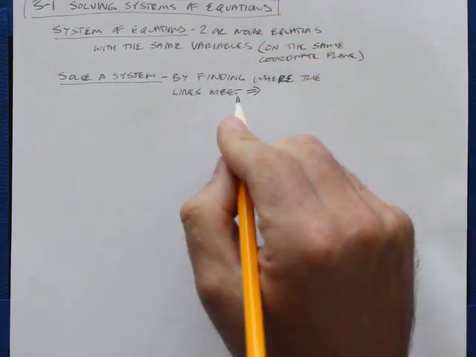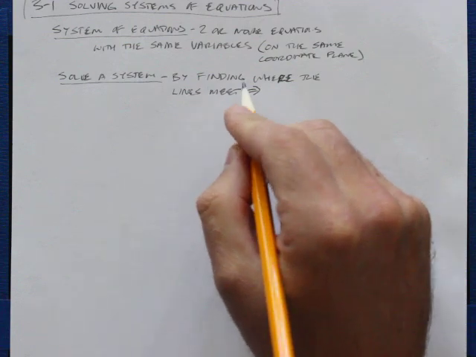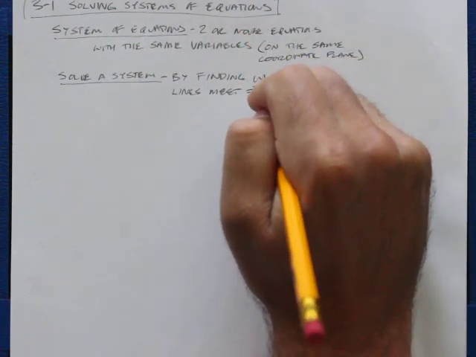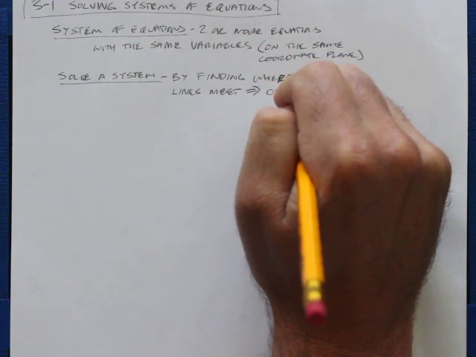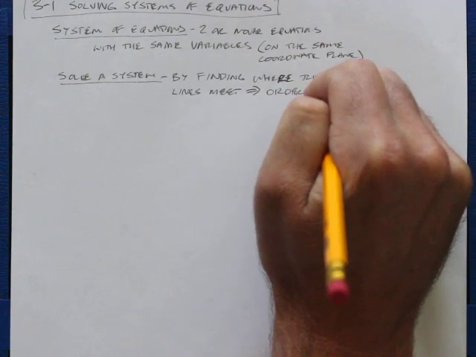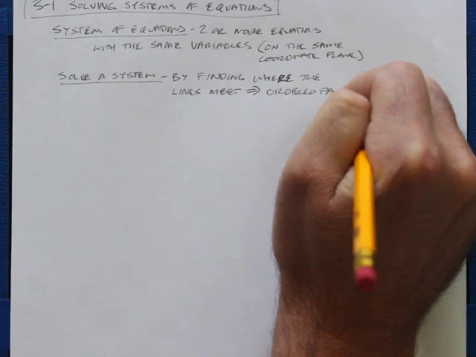Now, when we do this, we're going to find an ordered pair, or a point.